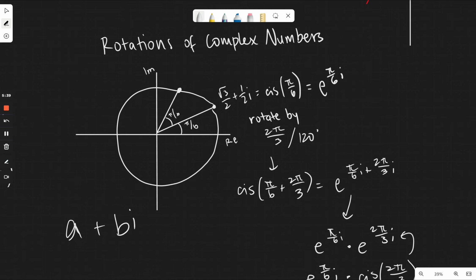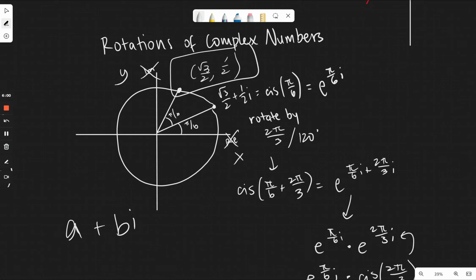But let's imagine for a minute that this were not the Argand plane, and this were instead the x and y axes, and this coordinate was not square root 3 over 2 plus 1/2 i, but instead square root 3 over 2, 1/2. And let's say we wanted to rotate this coordinate by 120 degrees. Well, we can just pretend that this very real coordinate is in the complex plane, and then we rotate it by 120 degrees.